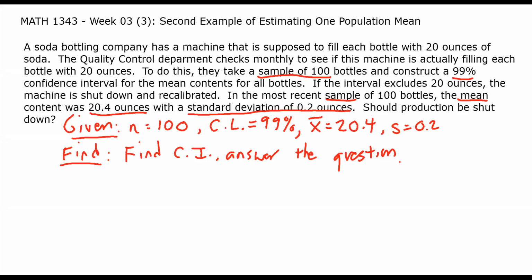This is just like the previous problem now. The only difference is the numbers that we're using. And really, that's the trick to doing most word problems, and in this case, confidence intervals. Find the information that's given, and then follow the steps.